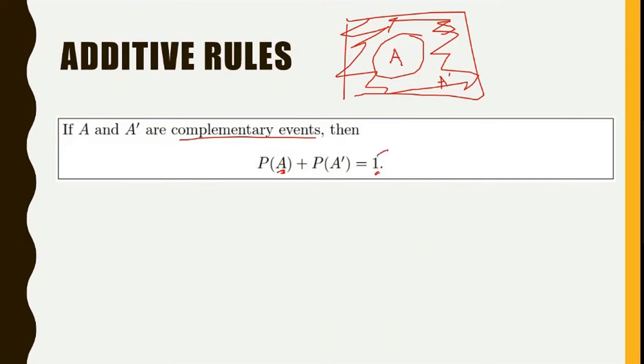This is the same as the probability of our sample space. So the probability of the event added to the probability of its complement is equal to the probability of the sample space, which is equal to 1.